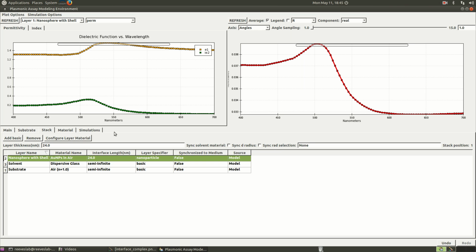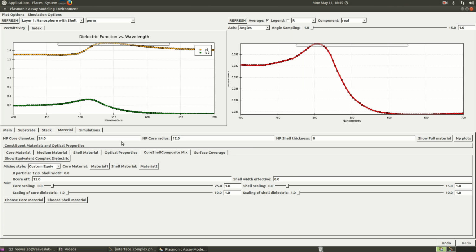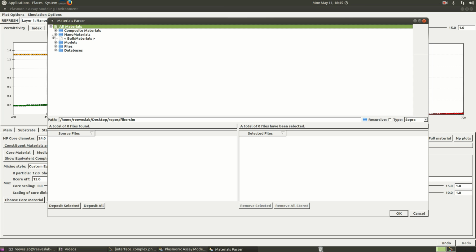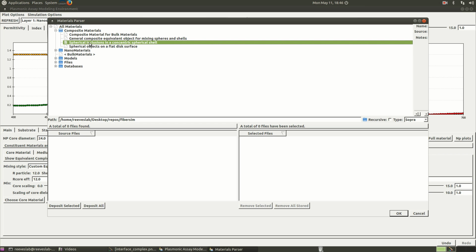So coming back to the same configuration I had in part 3, I'll go to my shell material and choose a shell material. Because this is a mixed material, we're going to come to the composite materials adapter, and we want to pick spherical inclusions in a concentric spherical shell.